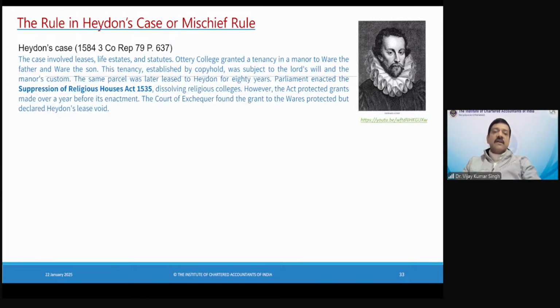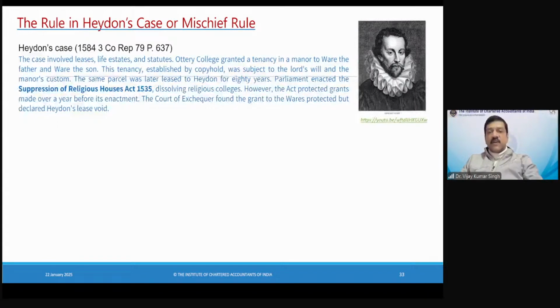And those leaseholds which have been given to people beyond 1 year will go on as they are, but anything which has been done in the last 1 year will not be correct.